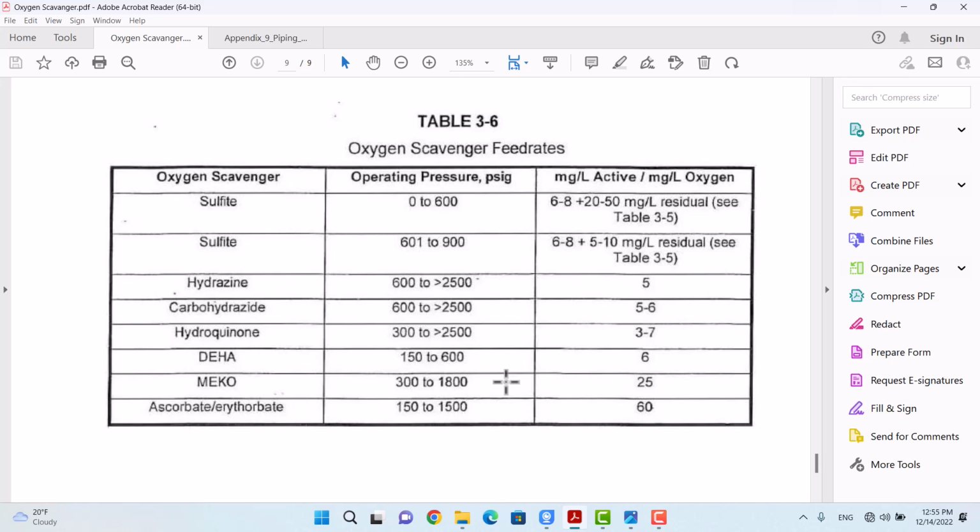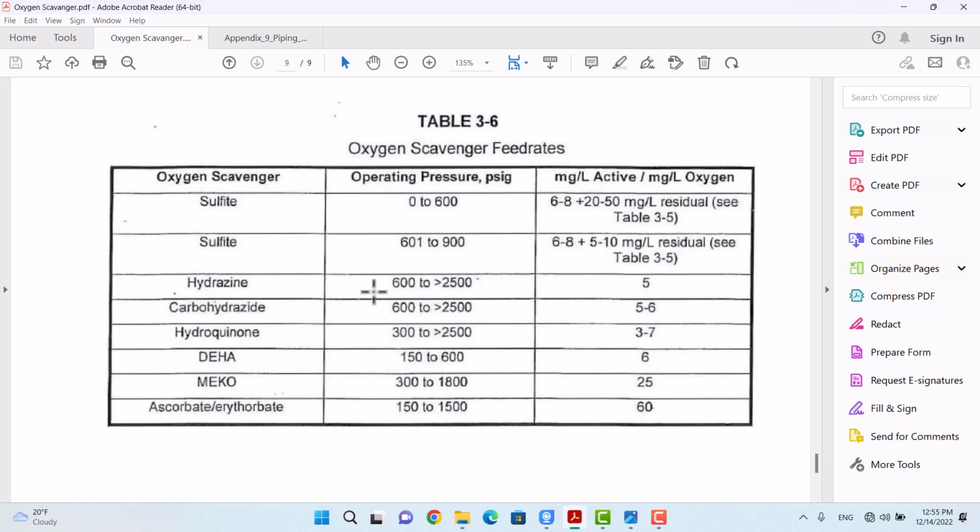But in order to go according to this kind of documents and criteria, or let's say international standards, we have some plans to change it to carbohydrazide, because carbohydrazide, as you can see here, is suitable for higher pressure.